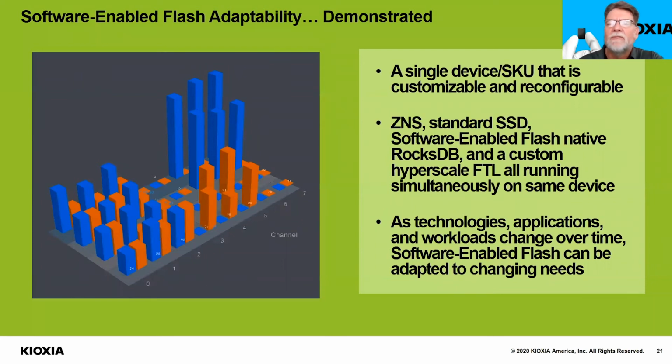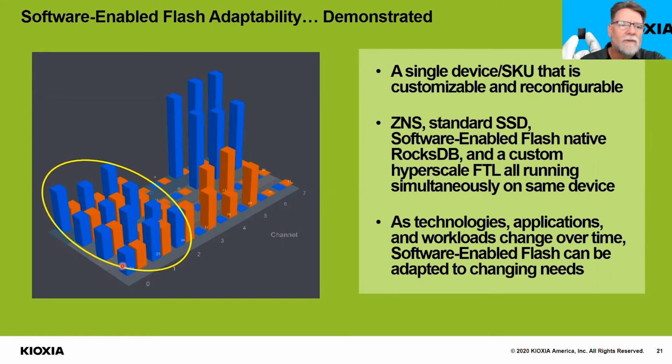This is the final demonstration of our FPGA prototype. In this demonstration, we define 3 separate virtual devices and are running 3 different workloads on 3 different storage protocols. For this demonstration, we defined a virtual device that was running the ZNS protocol with a mix of read and write workload.